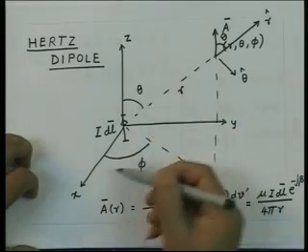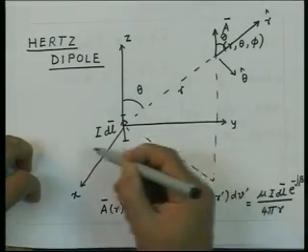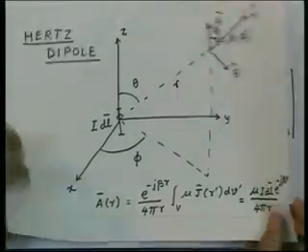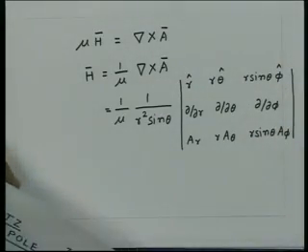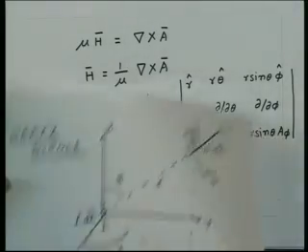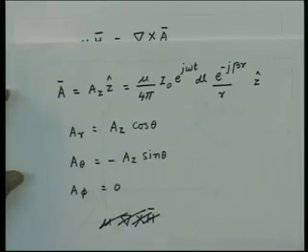So, we have a theta dependence for this current, but there is no phi dependence because it appears symmetric from all directions. As a result, d by d phi is identically equal to 0 in this case, and we have also seen that the phi component of the magnetic vector potential is also 0.